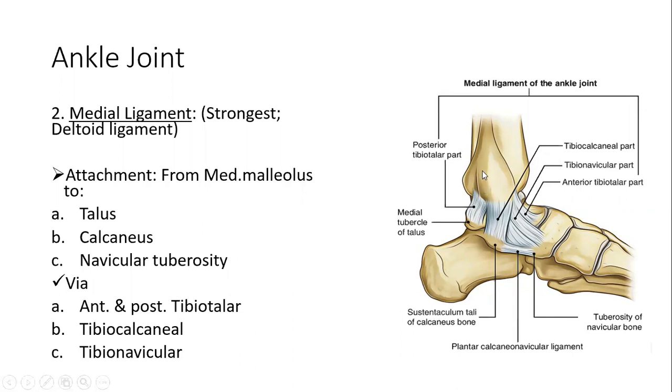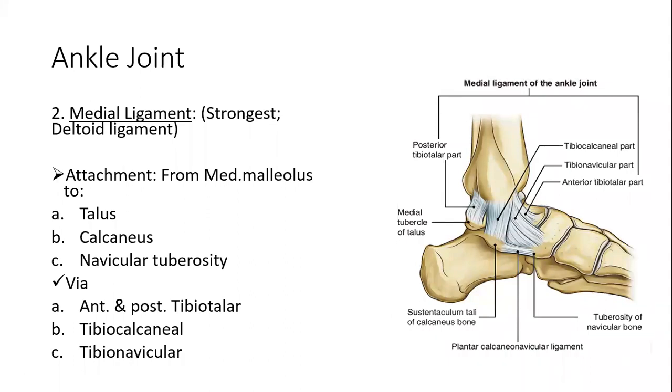So here we have the medial malleolus of the tibia, and in the middle you can see that we have the tibiocalcaneal part that is extending between the medial malleolus and the calcaneum. Then we have a rather anterior part that is the tibionavicular. Here you have the tibionavicular going towards the navicular bone, that is the tarsal bone.